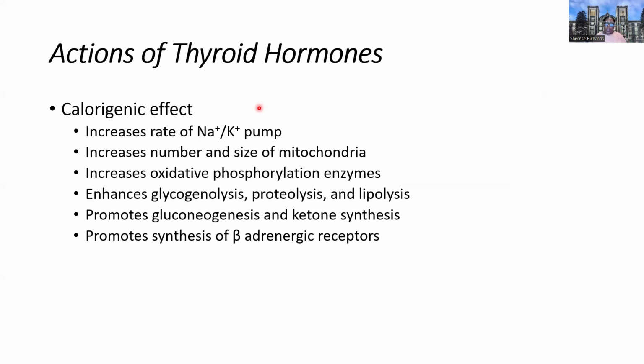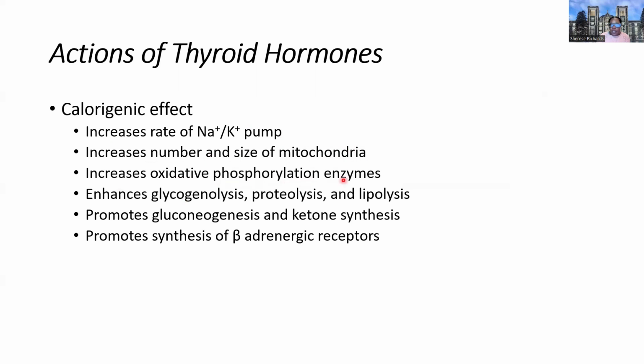And so we also know that the faster a neuron can reestablish its resting membrane potential, the faster it can transmit a new action potential. So speeding up the rate of the sodium potassium pump indirectly speeds up the rate of action potentials, right? Makes things move faster.